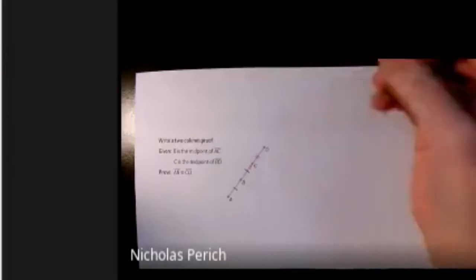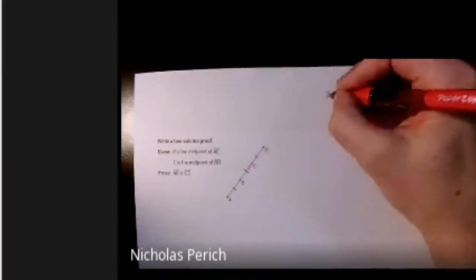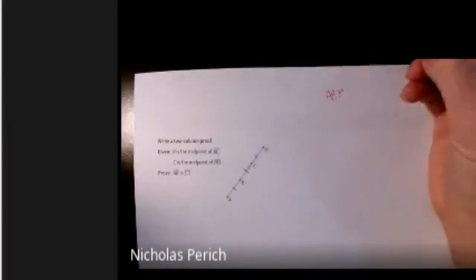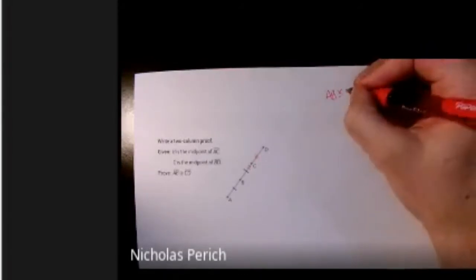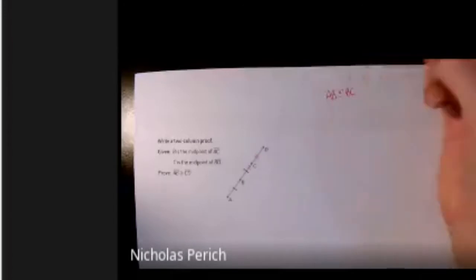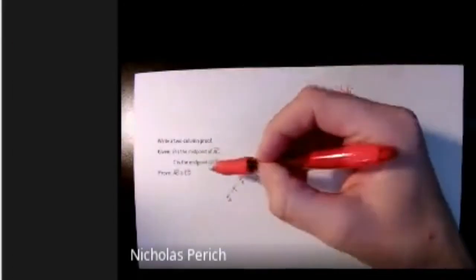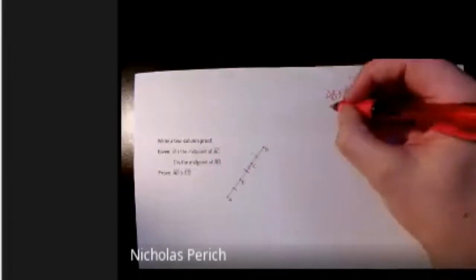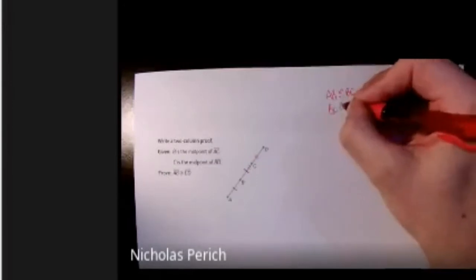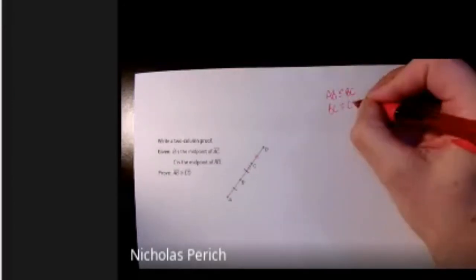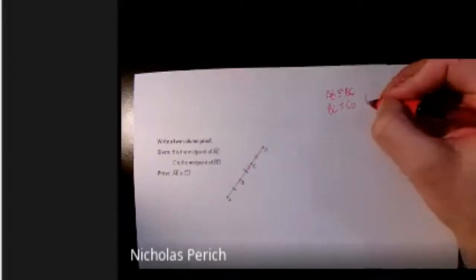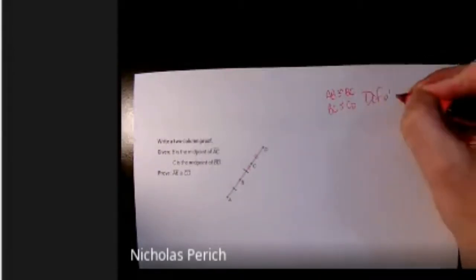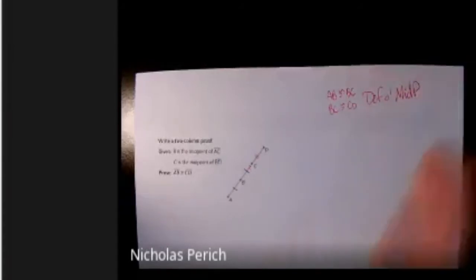If B is the midpoint, I can say that AB is congruent to BC. And since C is also the midpoint of BD, I could say BC is congruent to CD. And that's the definition of midpoint, baby.